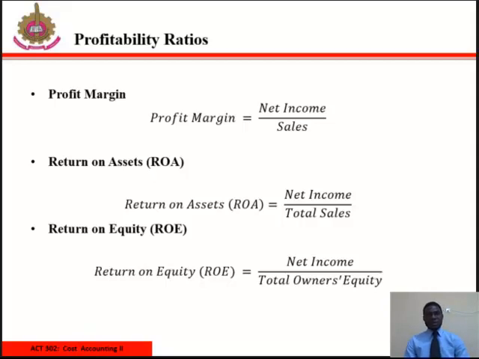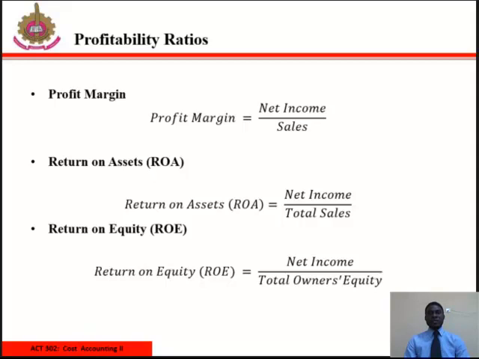Now, what are profitability ratios, or what is the effectiveness of this ratio analysis? Profitability ratios attempt to measure the firm's success in generating income. That is, the financial performance of an organization.